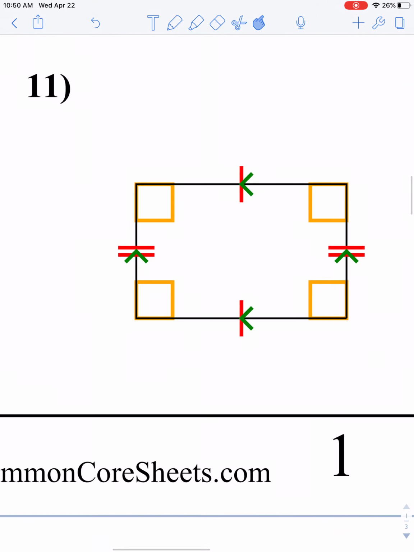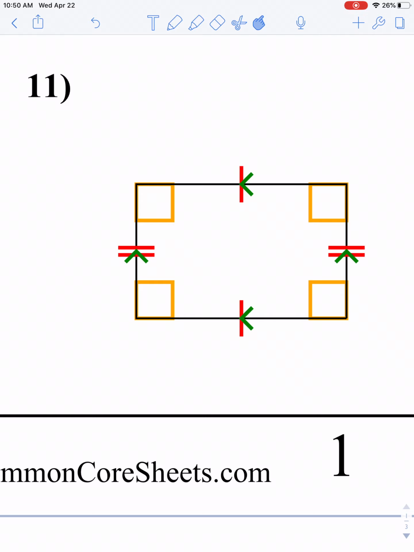Number 11. It can be a quadrilateral, it can be a parallelogram, and this guy is also a rectangle. Okay? Opposite sides are equal in length, and it has 90-degree angles. 4 90-degree angles make it a rectangle. You might be thinking, well, why couldn't it be a square? And I want you to think about what the difference between a square and a rectangle is. A square needs all sides to be the same length. Okay? So that's what makes it different from a square.